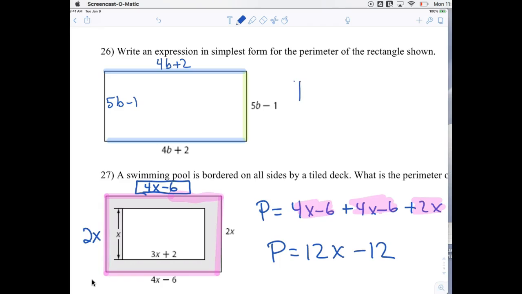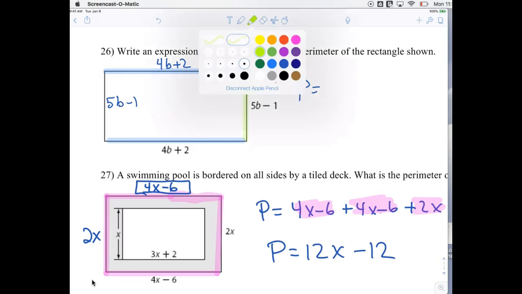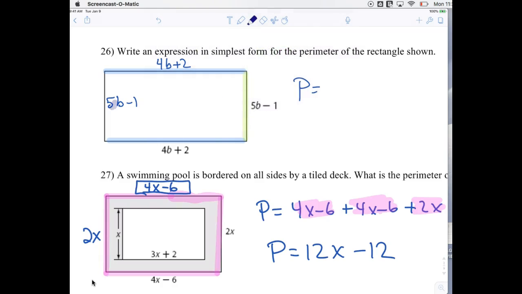So now I want P equals. Why did I put P equals? P stands for perimeter. Perimeter means you're adding everything up. How much is that so far? 9b. How much is this? And then finally, 18b.